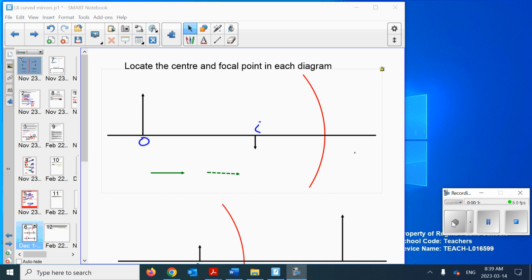Locate the center and focal point. I've given you the image and the object.